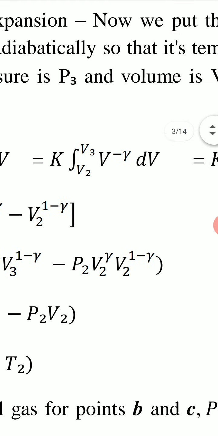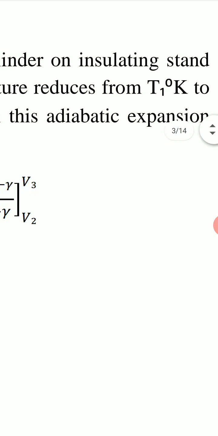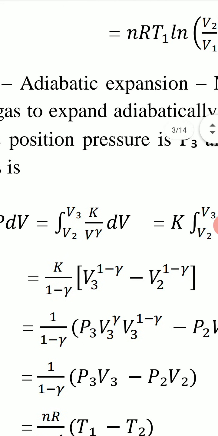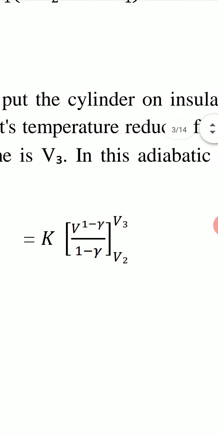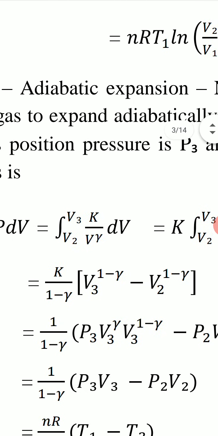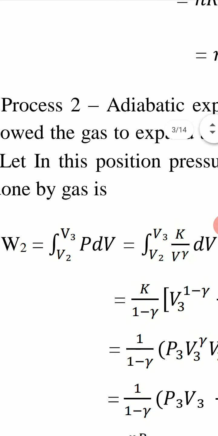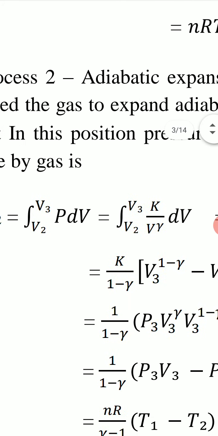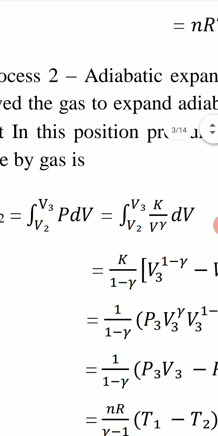For an adiabatic process, we have the equation of state PV to the power gamma equal to constant, and we write that constant as K. If PV to the power gamma equals K, then P is equal to K upon V to the power gamma.